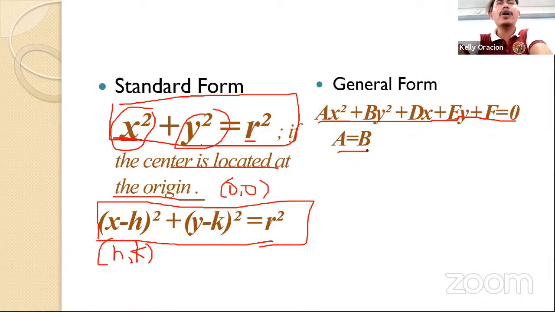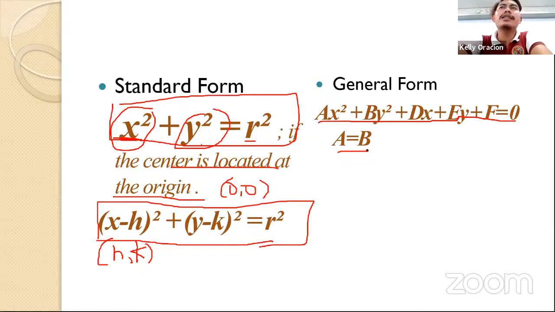Now, one of the clues is that circle ang equation if the constant of your x squared and the constant of your y squared is the same. If they are equal or the same, that means the equation is circle.